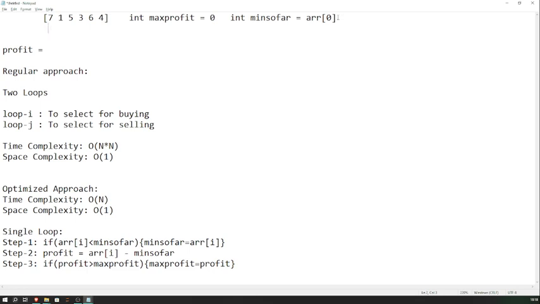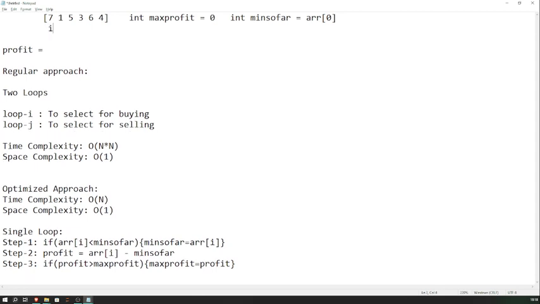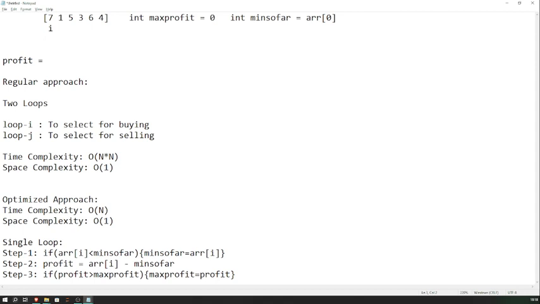Let's say minimum so far is denoted by letter M. So this is i, and this is minimum so far. Initially minimum so far is the first element, and this is i.